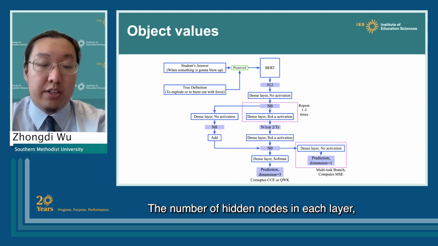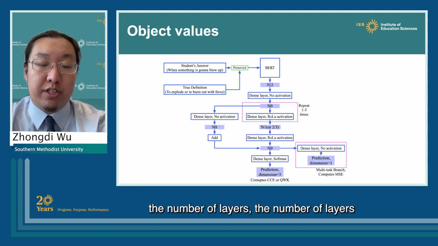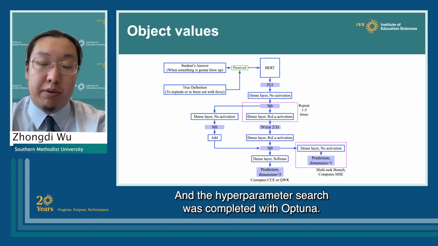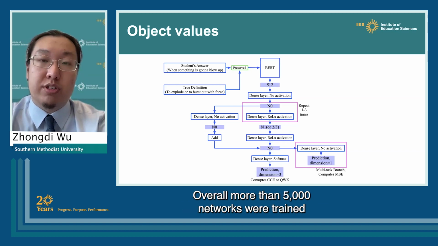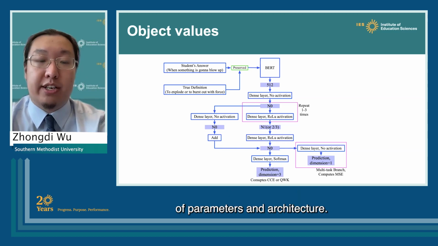The number of hidden nodes in each layer, the number of layers, and the number of layers within the main flow of residual net are all hyperparameters, and the hyperparameter search was completed with Optuna. Overall, more than 5,000 networks were trained across different variations to find a good set of parameters and architecture.